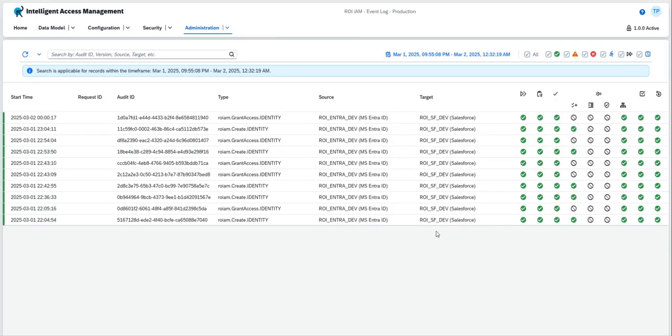For the event log, we can see that there are various events coming in. They have a type, they have a source, they have a target, which means that these events were started from a particular source system and they are dedicated for a particular target system. And each of these events, they're going through various phases.